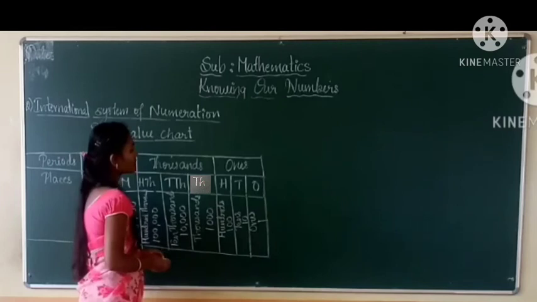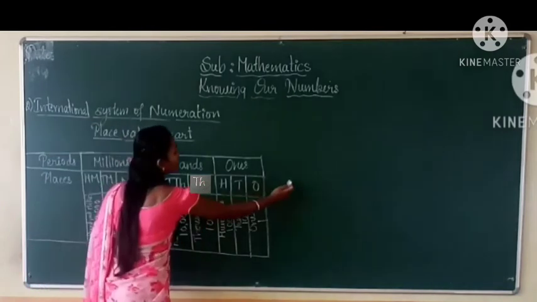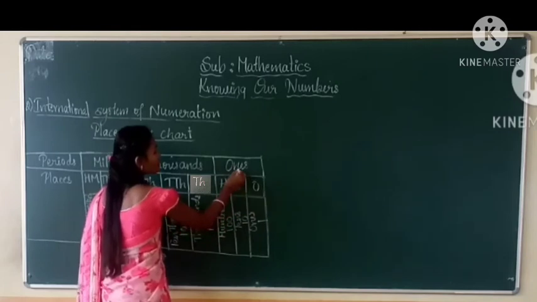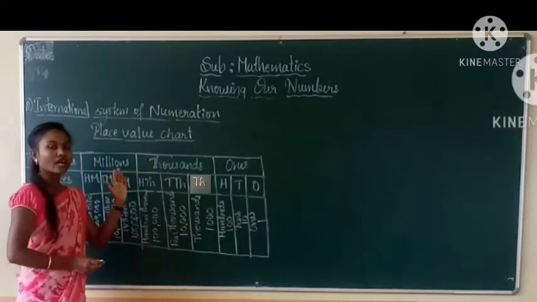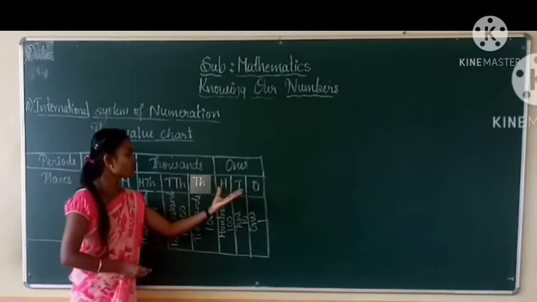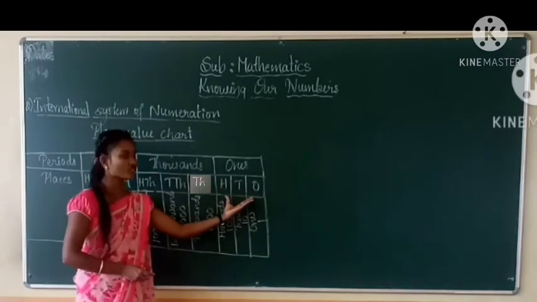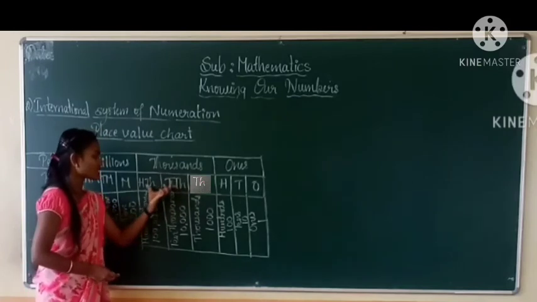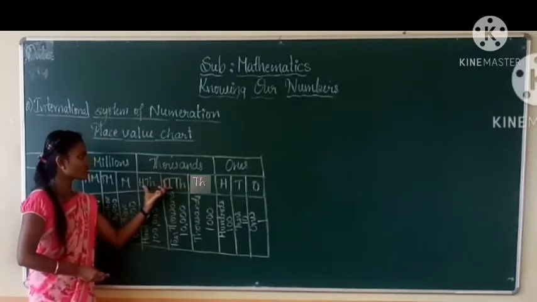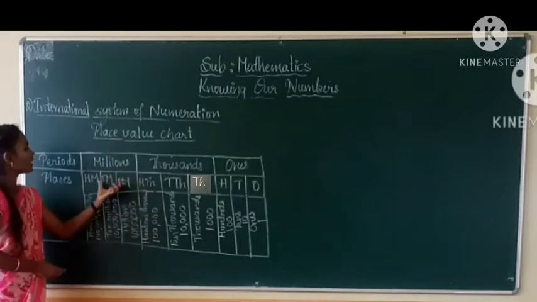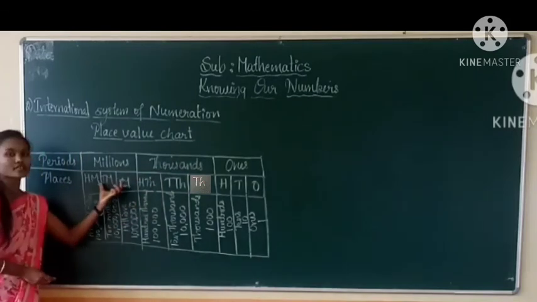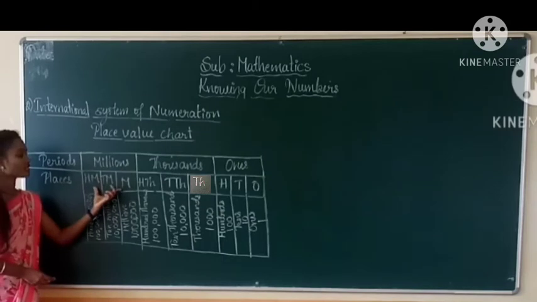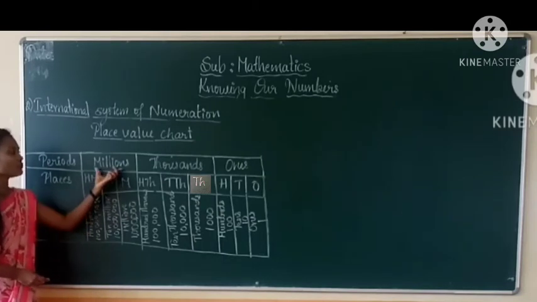So here you can see from the right side, the first three places constitute 1's period. As in the Indian system of numeration, the next three places constitute 1000's period, and the next three places constitute millions period.